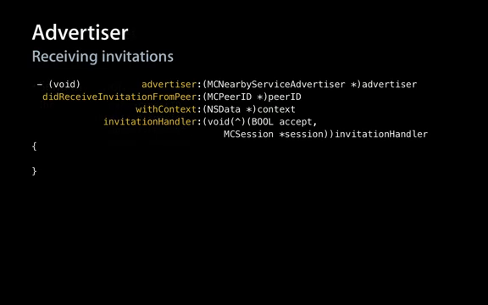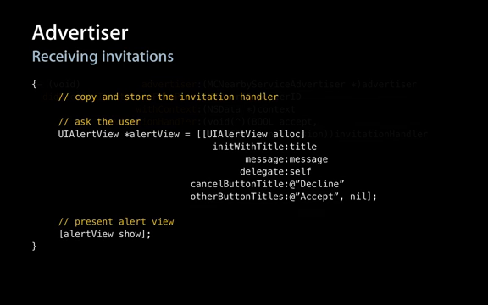So let's take a look at one possible example of how you can implement this delegate method on the advertiser. Let's assume that once an invitation comes in, you want to present an alert to the user, and you want the user to tap accept or decline to notify the framework, or you, of the decision.